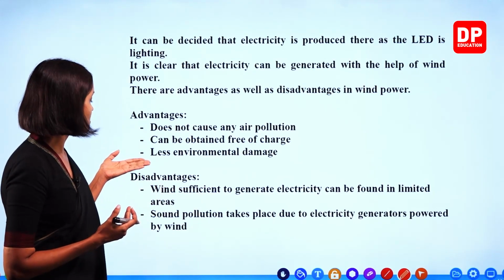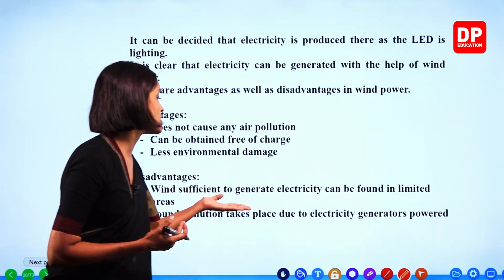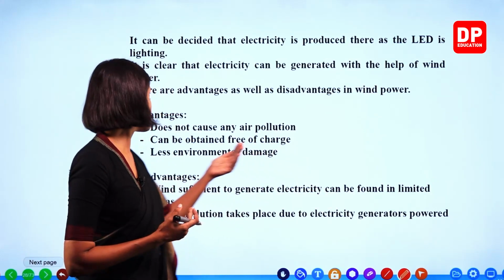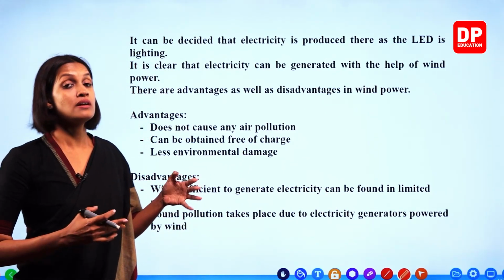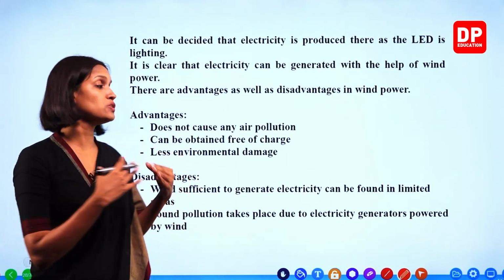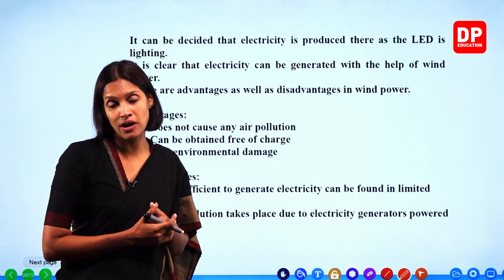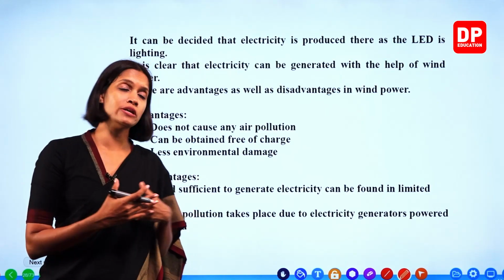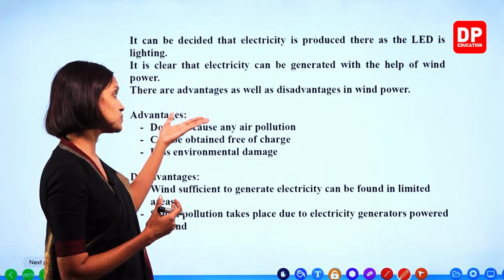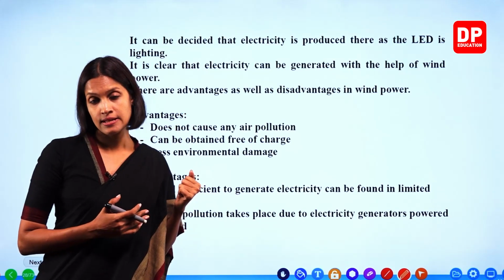Right? And the other thing, sound pollution takes place due to electricity generators powered by wind. A large noise is produced during the use of these different machines in wind power plants. So this causes sound pollution, but at the same time, it does not cause any air pollution. Right, children?